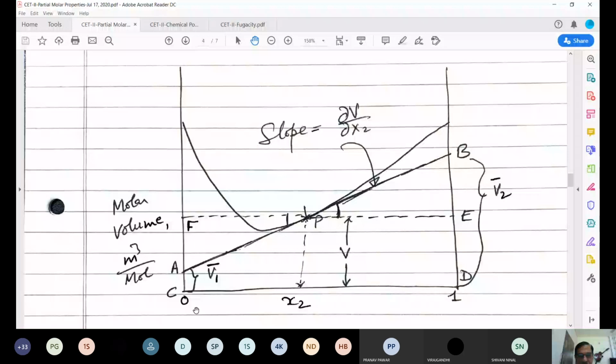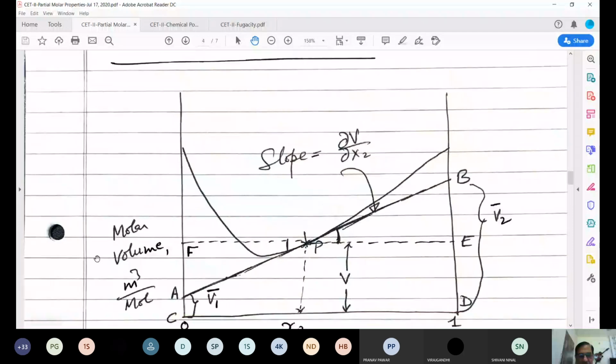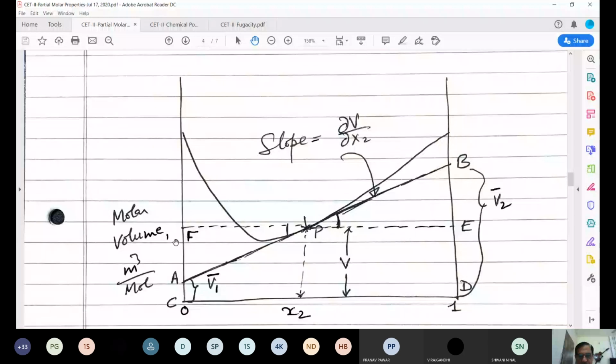Okay. So if you see this, if you draw a horizontal line at point P, that is nothing but V, capital V, which is the molar volume of the solution. From here, that is F and F to C. FC is nothing but molar volume of the solution, right?